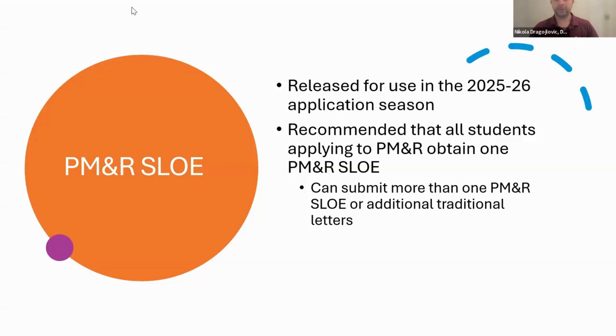If you're going to get additional letters from other letter writers like internal medicine or vascular surgery, we don't have a SLOE for them. They could write a traditional letter of recommendation for you. Your PM&R letter of recommendation, usually coming from an academic faculty member or someone who's accustomed to working with medical students, should be a SLOE.